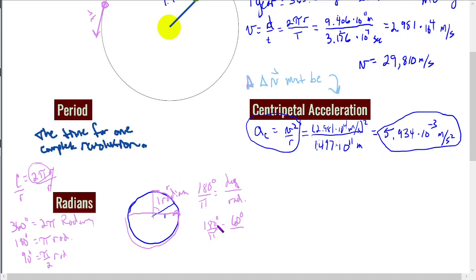Well, we know that 60 is one third of 180, or 180 divided by 60 is 3. And so this would need to be 1/3 pi, or pi over 3. So in other words, because 60 is 1/3 of 180, our number of radians would be 1/3 of pi. And so 60 degrees equals pi over 3 radians. Okay, so it's that sort of proportion.